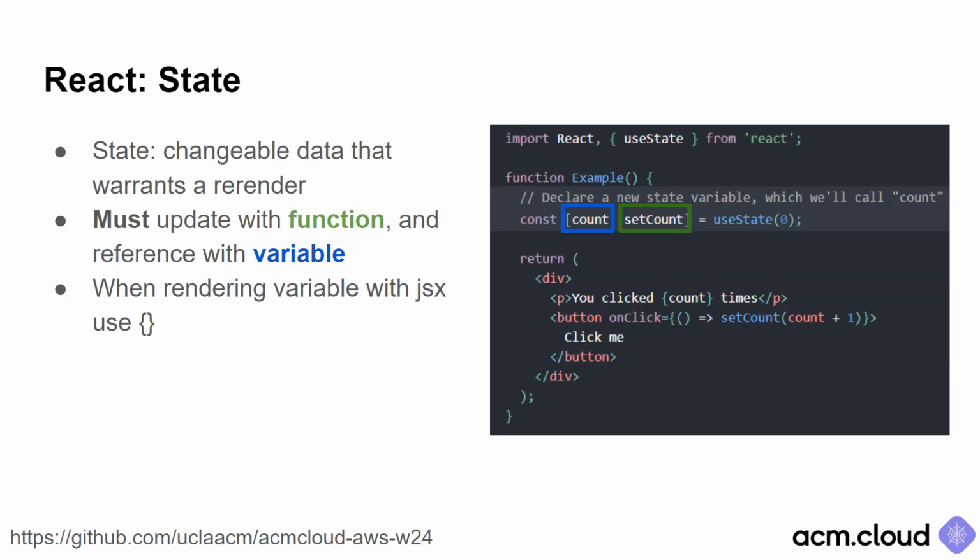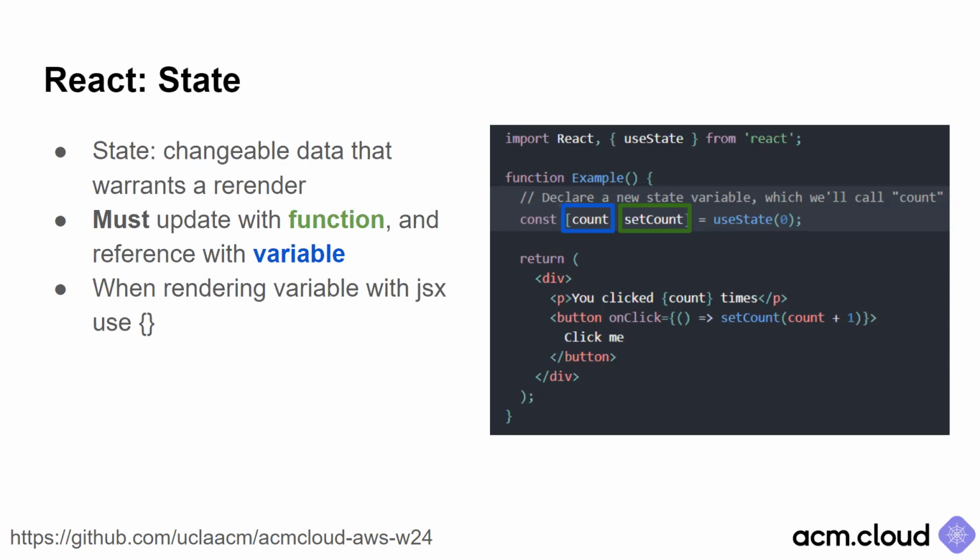Just ignoring this top part and looking down here, we can see we have a button tag, and when it's clicked, we're setting the count equal to the current count plus 1. That's the logic behind how that button actually works. If you click it, it adds 1 to the current count and then updates the count.